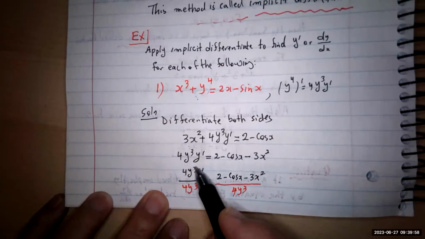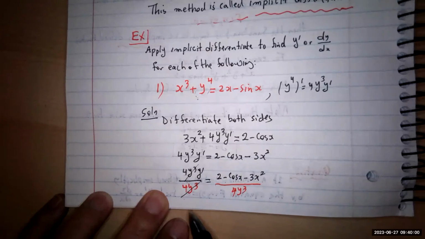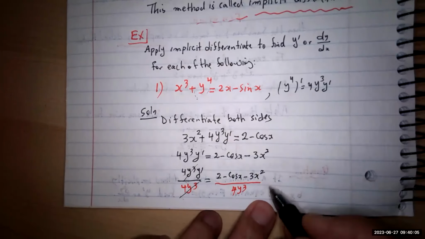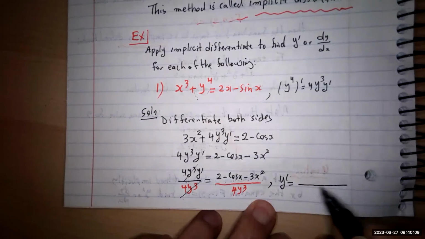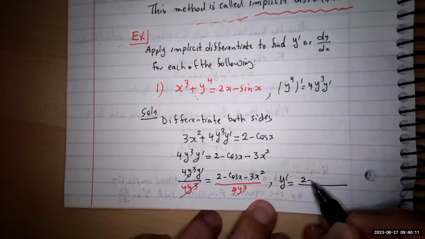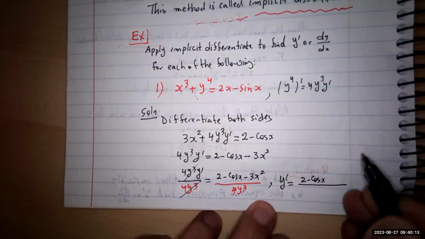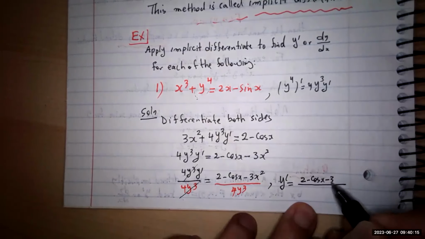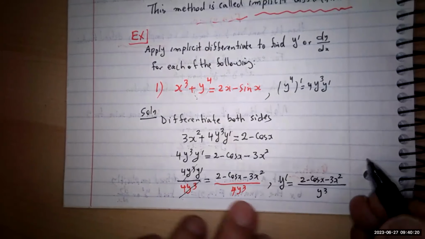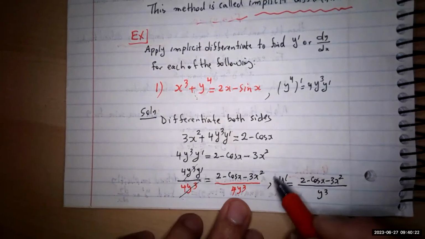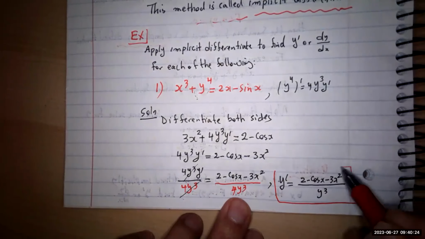Simplify: 4y cubed and 4y cubed cancel, so we get y prime. The final answer is y prime equals 2 minus cosine of x minus 3x squared, divided by 4y cubed. That gives you the final answer.